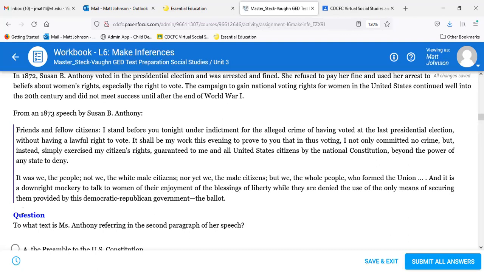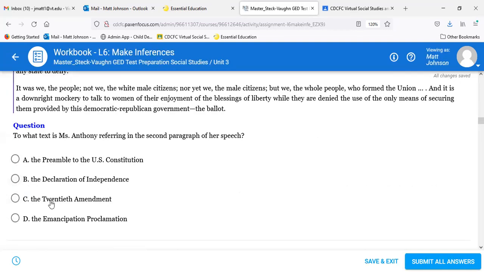All right, so number 3. Etta, you want to read question 3 for us? To what text is Miss Anthony referring in the second paragraph of her speech?